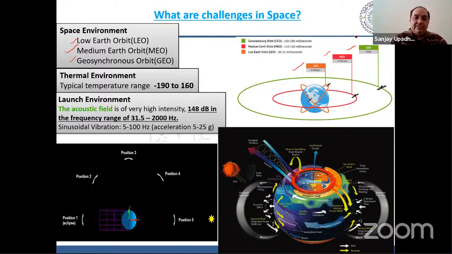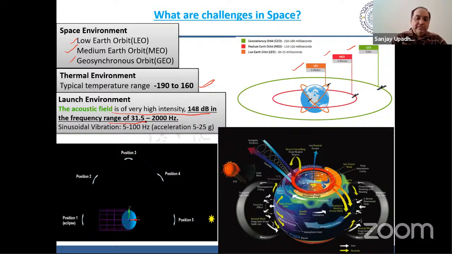If you see the thermal environment, it is around minus 190 to 160 degrees. Then the launch environment, the acoustic field is very high intensity. So there are lots of vibrations, temperature, everything we need to study as a technocrat.